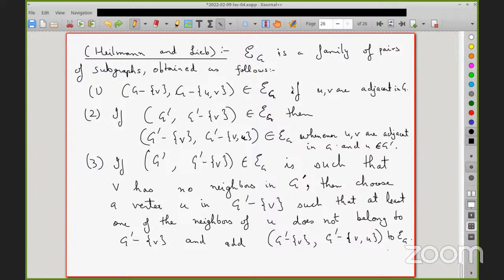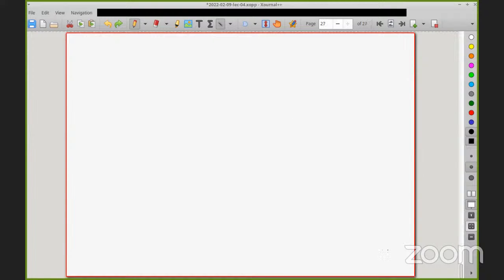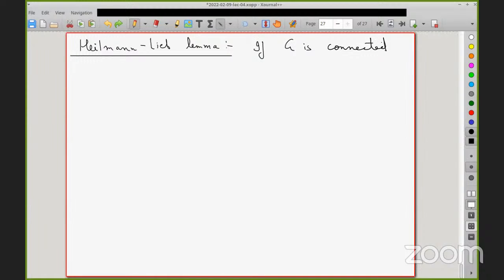But the claim is the following, the Heilmann lemma: if G is connected of degree at most delta. They do a more general thing, but I'll just take it as at most delta. And G prime minus V is in EG.